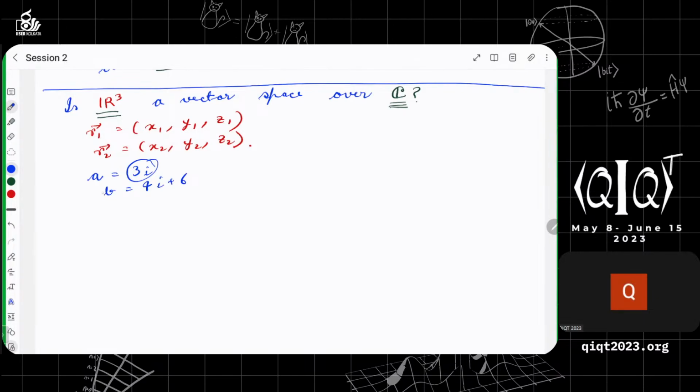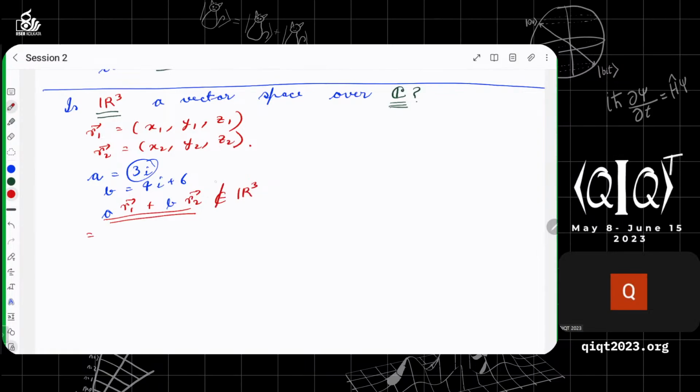So if I try to find a R1 vector plus b R2 vector, then this entire thing will now become a complex number, or rather, it would be something like C3, but it will not be a part of the real space because the individual elements will no longer remain real.